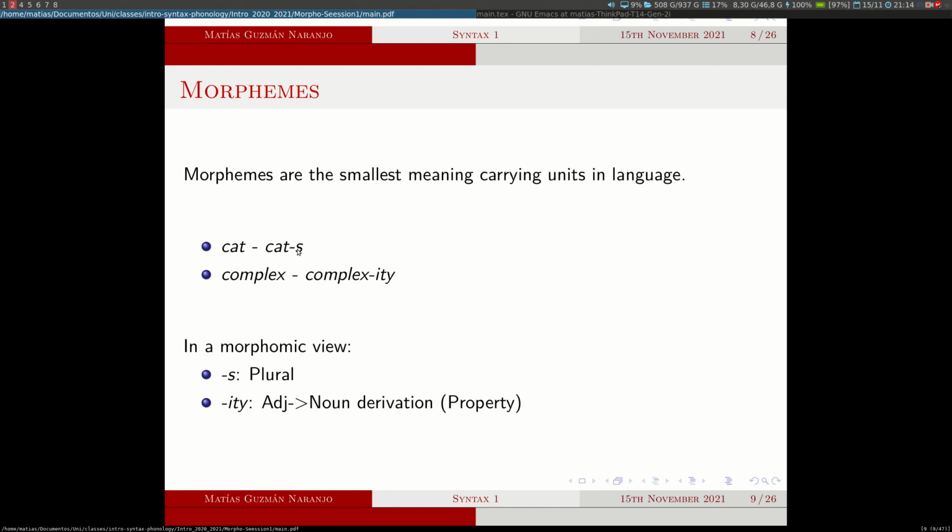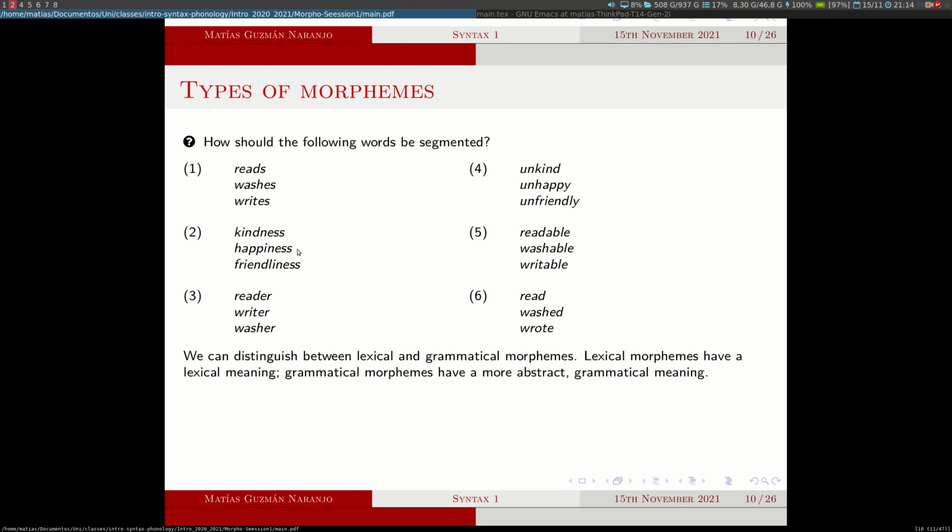So plural is not a lexical object. Lexical morphemes are usually the base or the root of the word. They can be either the stem or the root or the base, depending on exactly what we're talking about. We will distinguish between roots, stems, and bases at some later point.